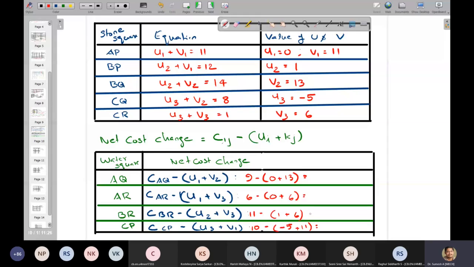Okay, get me the values. I'll get it as -4, 0, and 4.